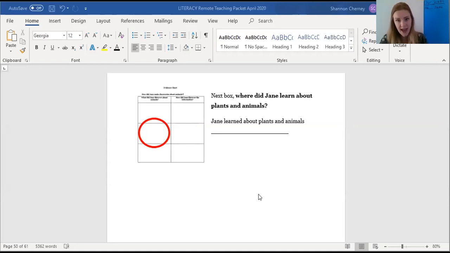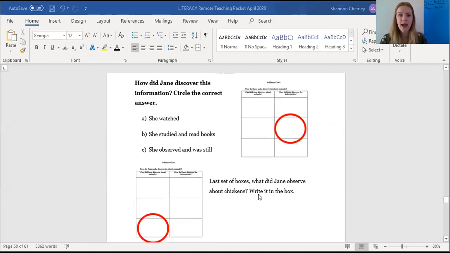Once you have done that, now you're ready to figure out how she found out this information. Did she watch again? Did she study and read books, or did she observe and was very still? So we're going to go back to our text one more time and research.